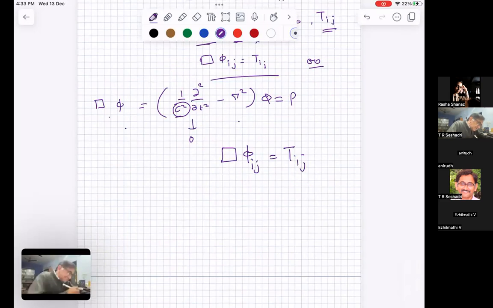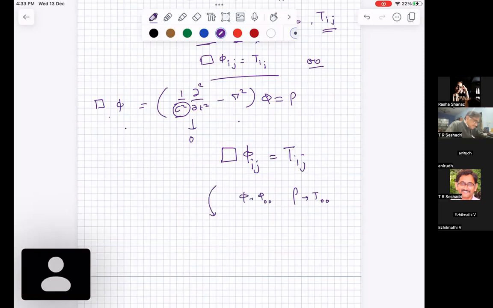And I say that what I call rho is basically T00, and what I call phi is actually phi 00. So the 0,0 component of these objects is phi and rho, and I have box phi equal to rho.